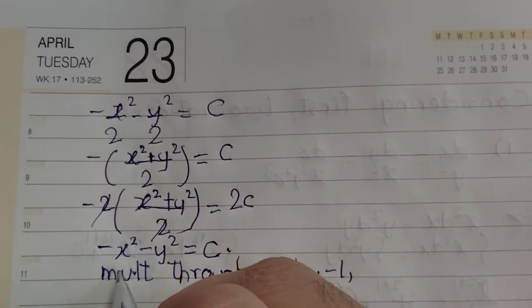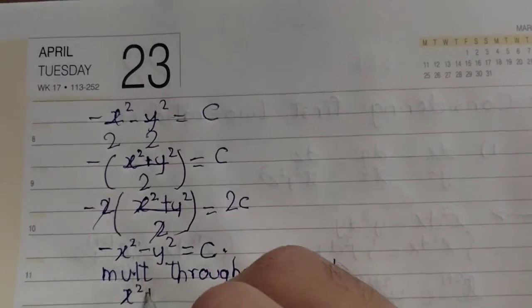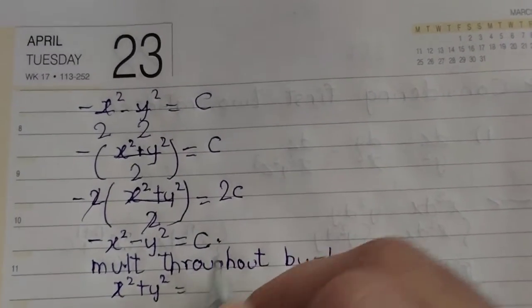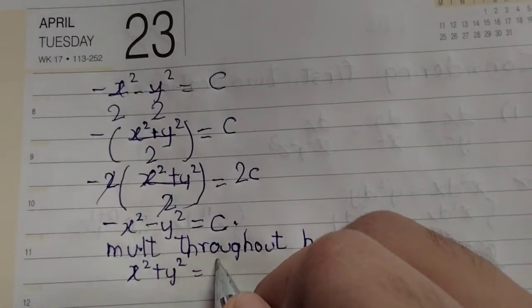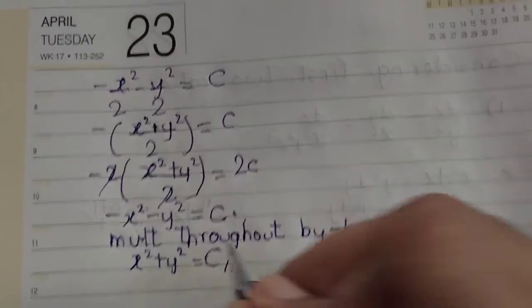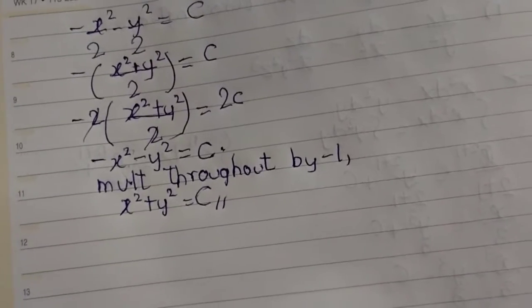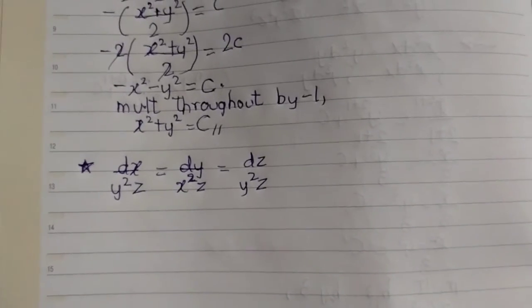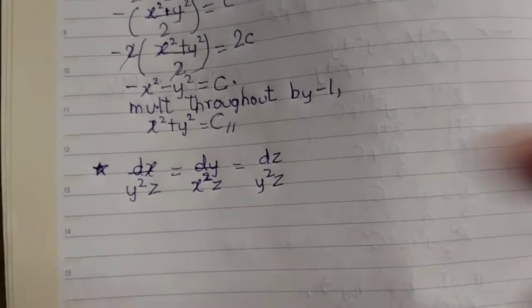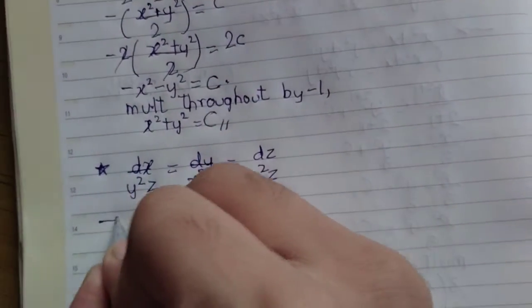So minus 1 into minus x square will be plus x square, plus y square, and anything multiplied by a constant, the final will be a constant. So now this is the final answer, and this will be asked in the MCQ options. Now we are going to solve the last question by considering again the first two ratios.